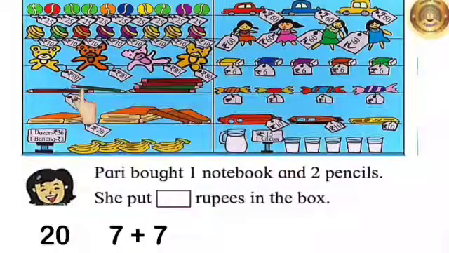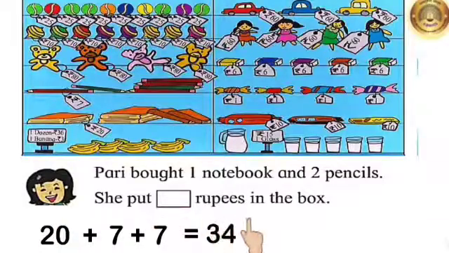See, Pari bought 2 pencils. So we will add 2 times 7, that is 7 plus 7. And now we will add it together. It becomes 34 rupees. Then Pari has to put 34 rupees in the box.